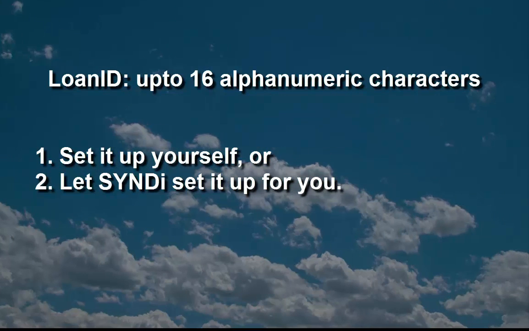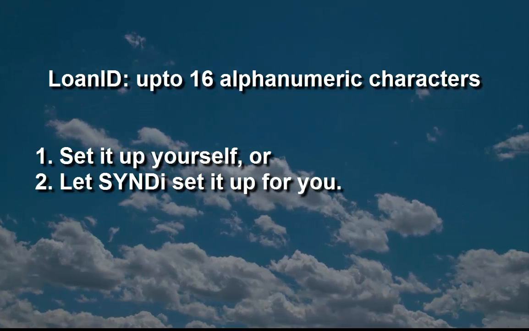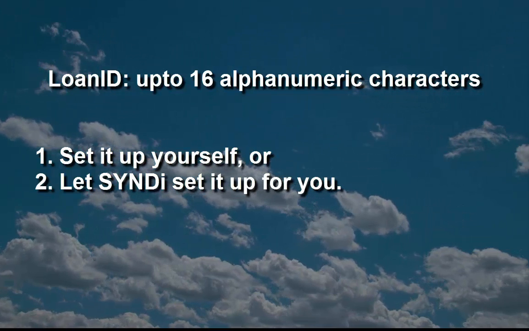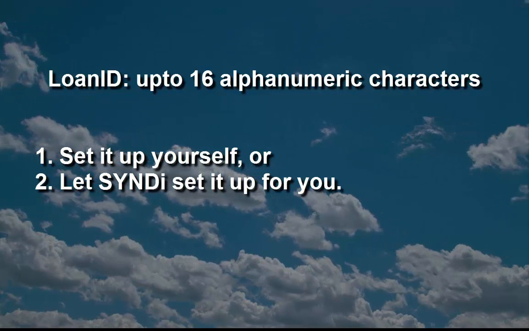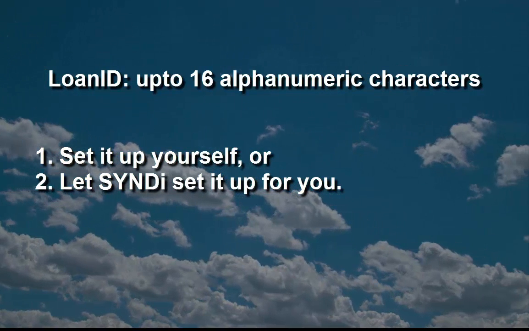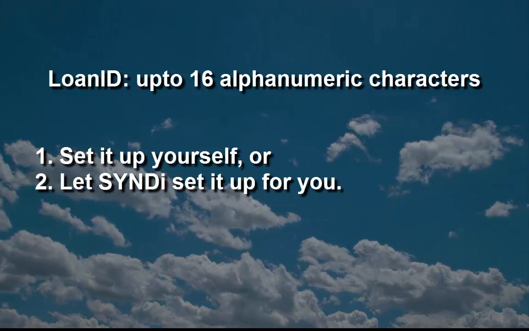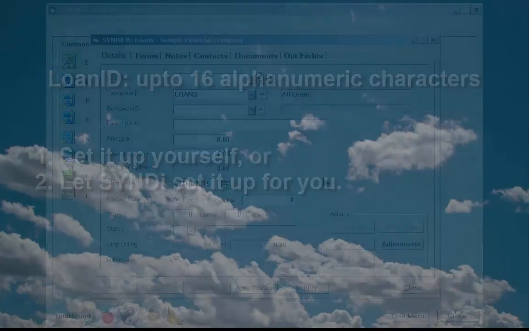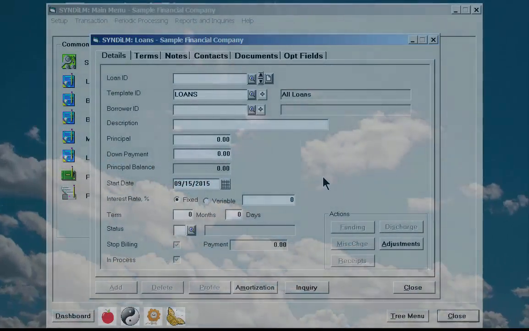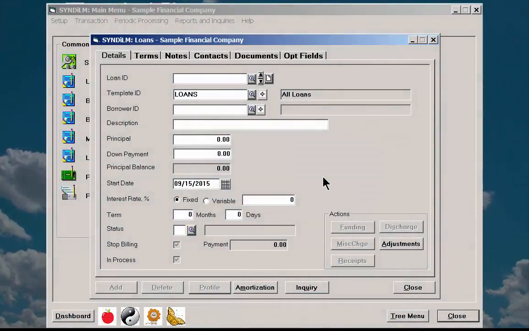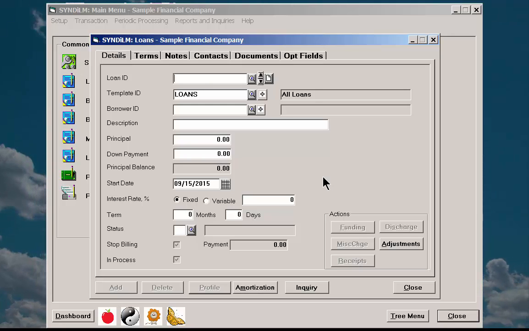You can also let Cindy choose the loan ID for a new loan according to a preset convention. Please go through the tutorial on loan ID segments. For Sample Financial Company, the choice of loan ID is left to the user. We will call this loan Test.